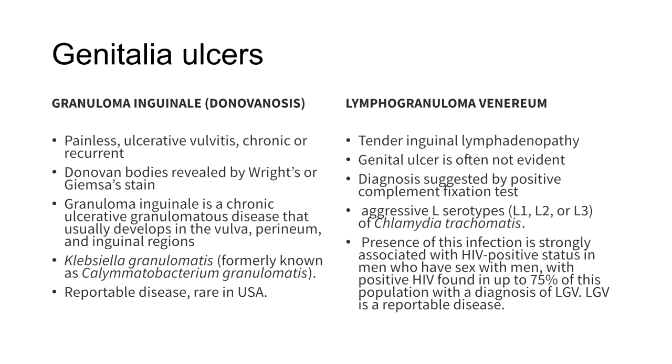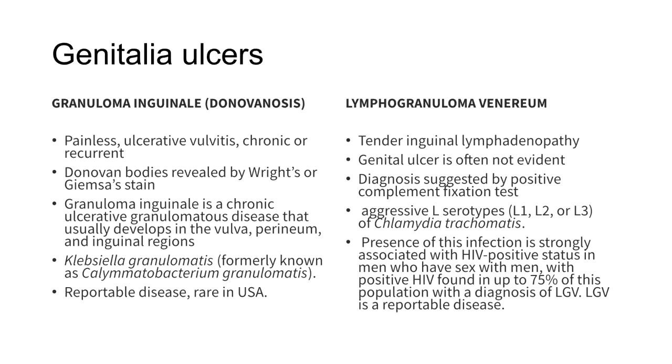If we have the presence of this infection, it's usually associated with patients who are HIV positive. It is not as frequent in women as it is in men who have sex with men, and usually they are positive for HIV.